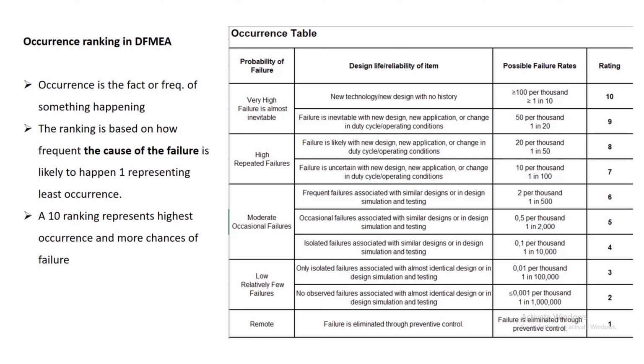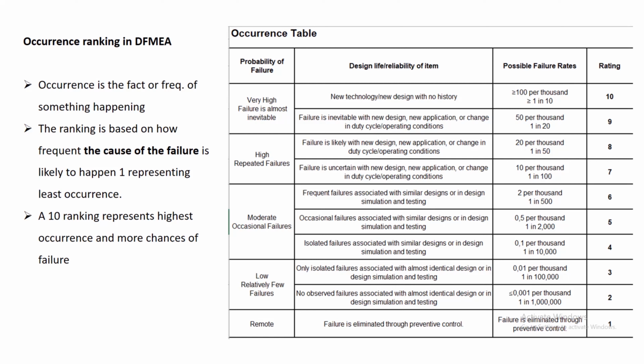Now occurrence is defined as the frequency of something that has happened. For example, if a failure has happened, it is categorized on how frequently this failure is happening. That is termed as occurrence.